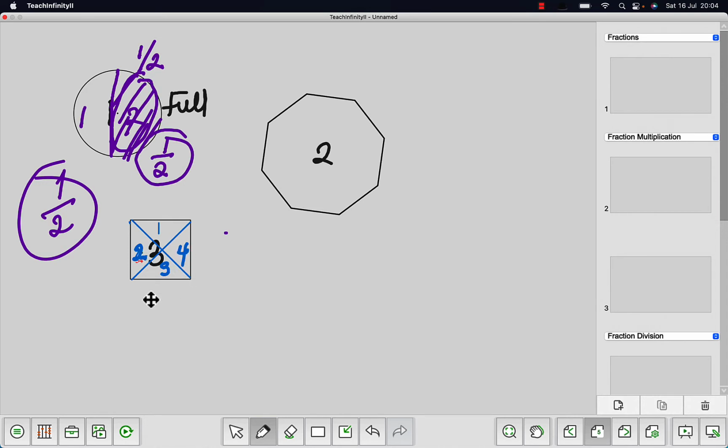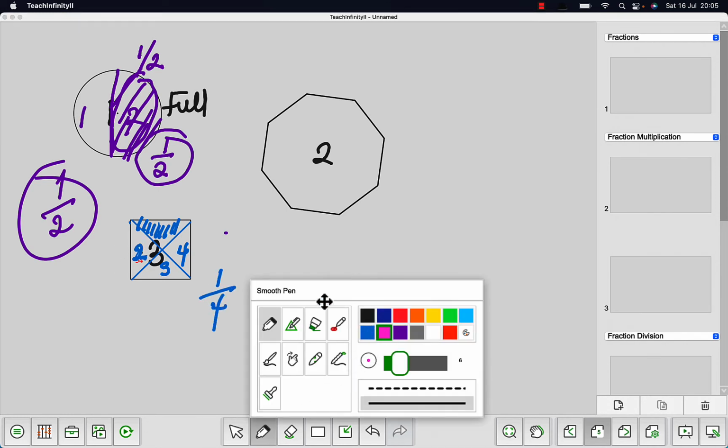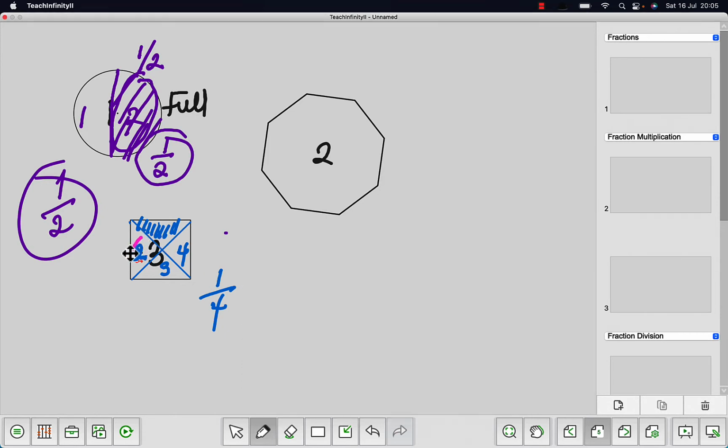So this particular square has been divided into 4 parts. And so if I have to account for this, I'm accounting for 1 out of 4, right? If I'm actually accounting for 2 out of 4.